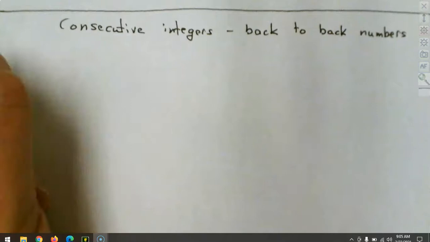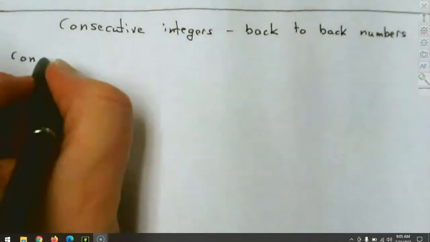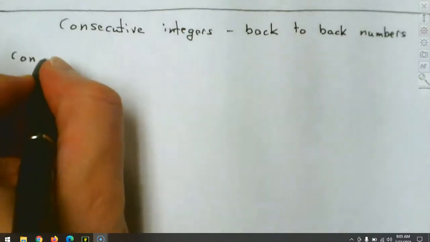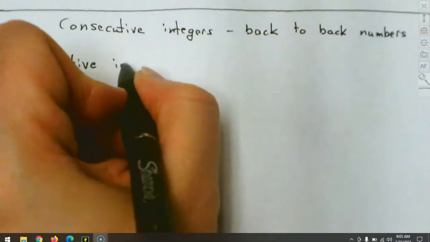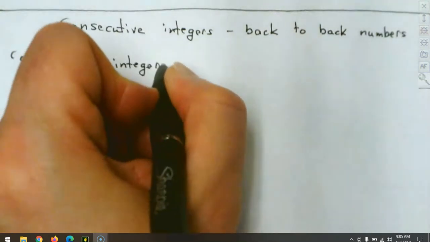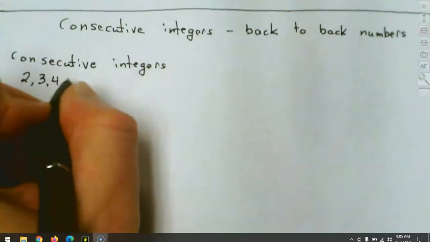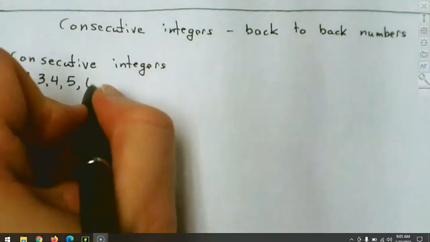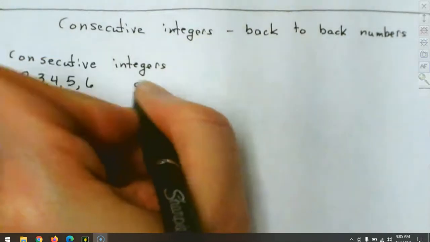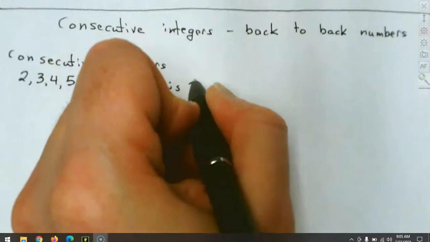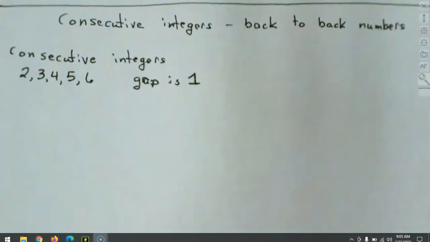We can also have even or odd. So let's talk right now about consecutive integers by themselves, and then we'll talk about even and odd. So consecutive integers, that would be things like 2, 3, 4, 5, 6, and so on. Now the gap between each number is 1. So the gap between them is always 1 for these consecutive integers.